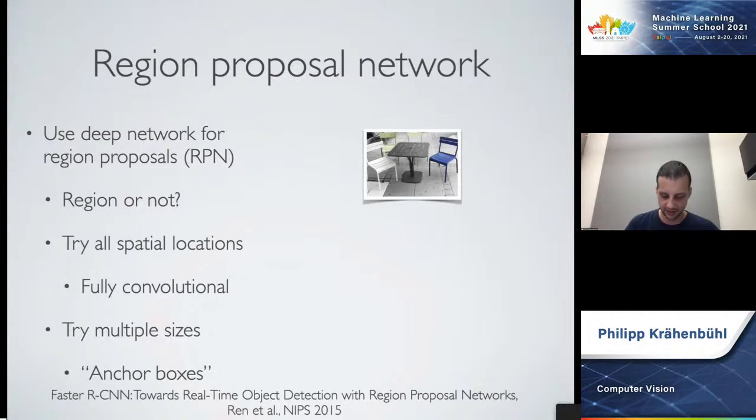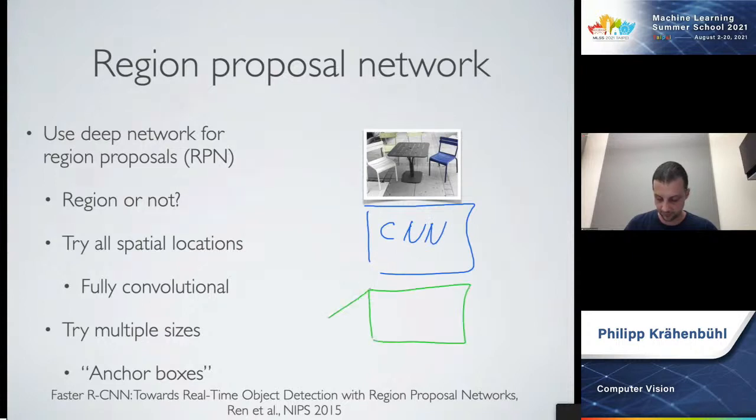Okay, and what they did is they again used this CNN to produce an activation map. And now for each activation here, they just produced a bunch of proposal boxes around it of various sizes and shapes, which are called anchor boxes.